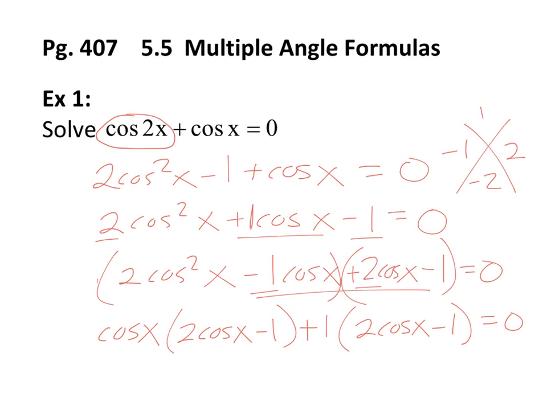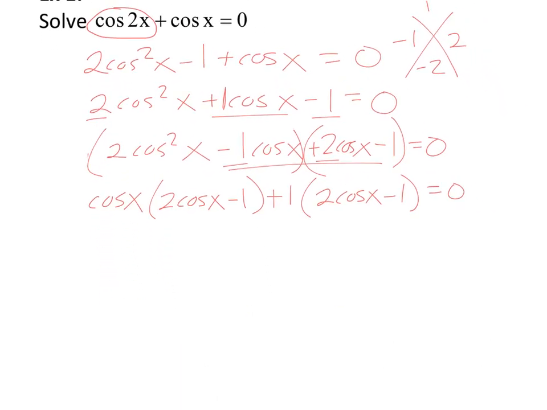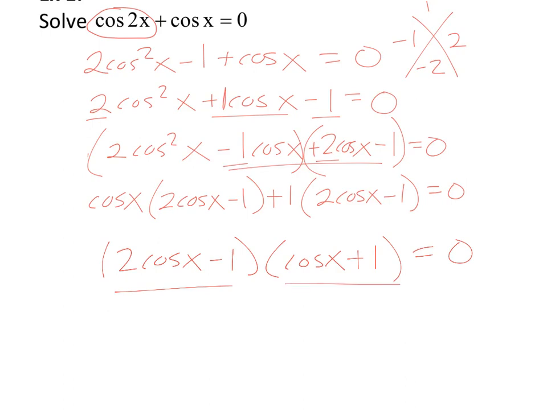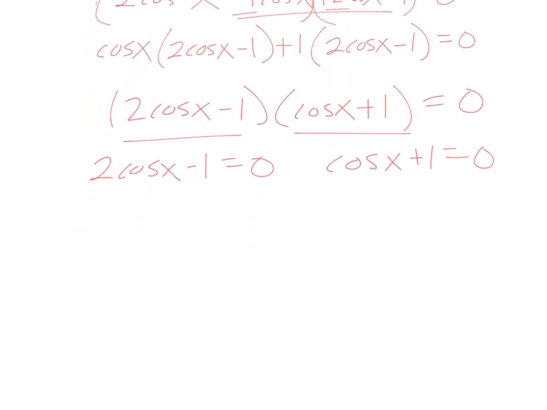Alright, and then I have 2 cosine x minus 1 times cosine x plus 1, and that's equal to 0. Alrighty, so now I'm going to set each factor equal to 0. Let's solve each of these equations.